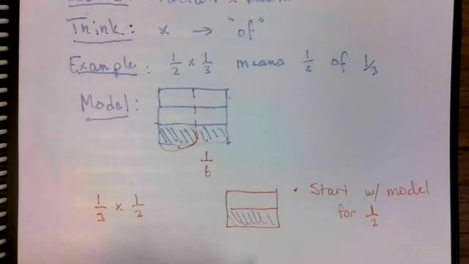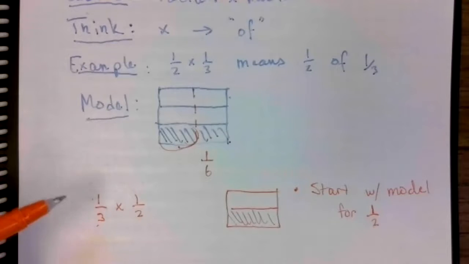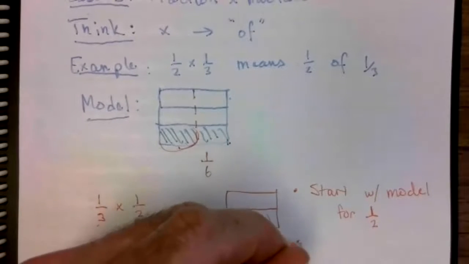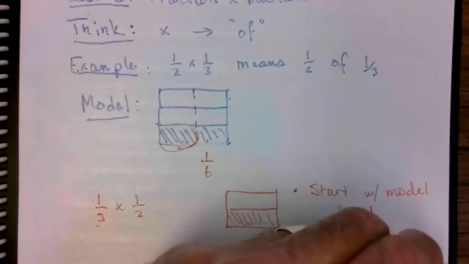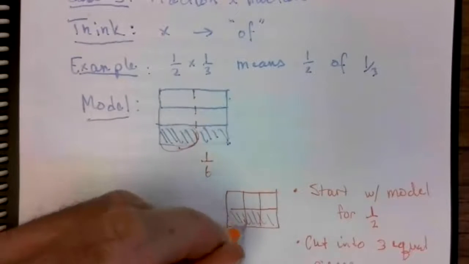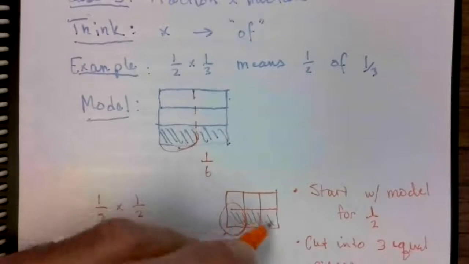Now, what am I going to do with this picture? Remember, 1/3 of 1/2. So I start with a picture of this, and what do I do with it in this case? Cut it into 3 pieces, okay? 3 equal pieces, and then we're going to take one of those. So the result is still 1/6.